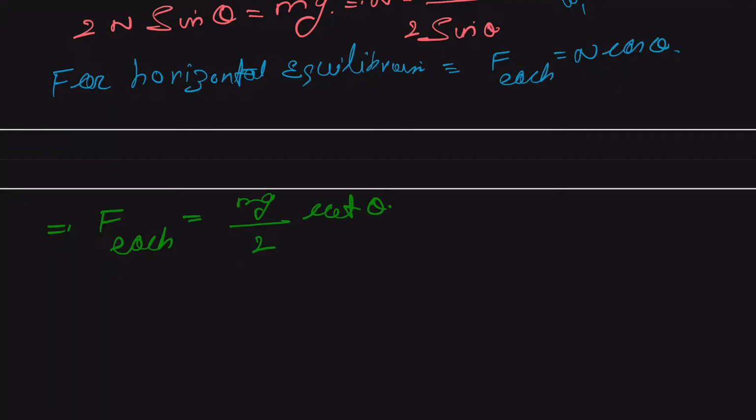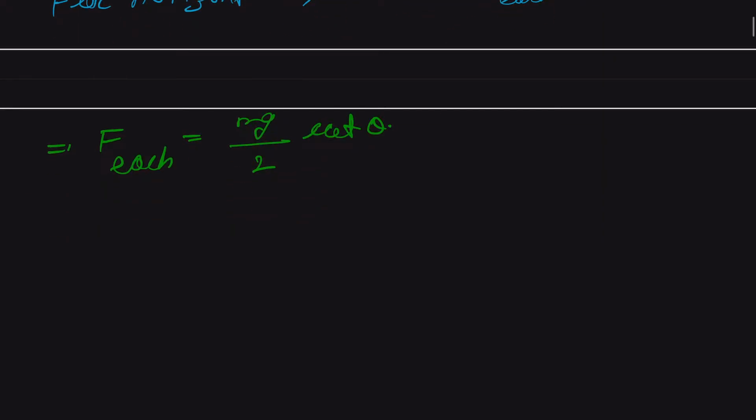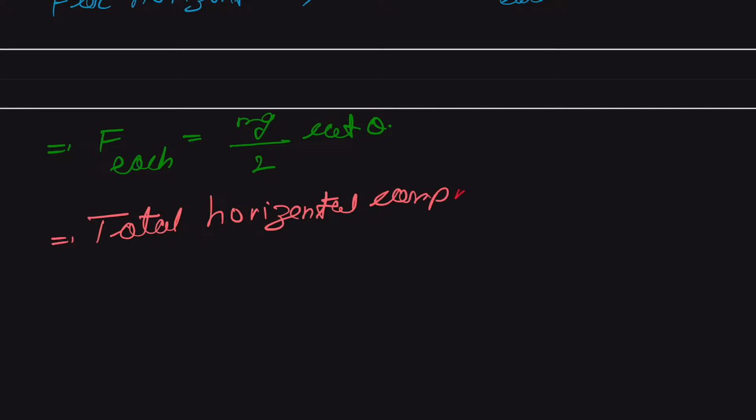So this is the force of each, and the total horizontal compressive force, let us call this Ft, will be equal to twice F each.